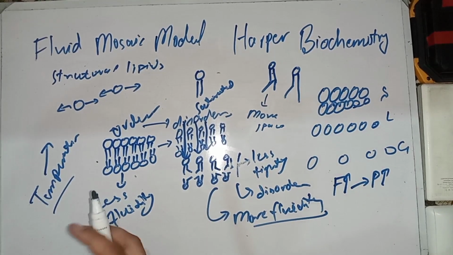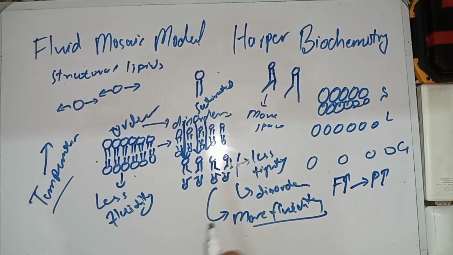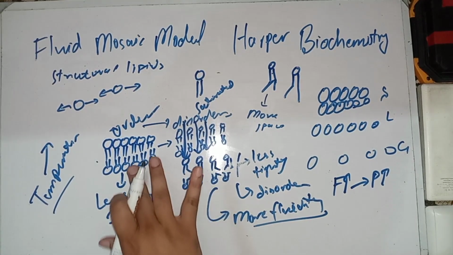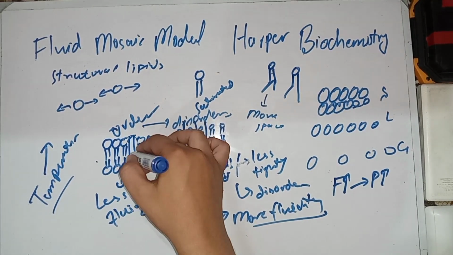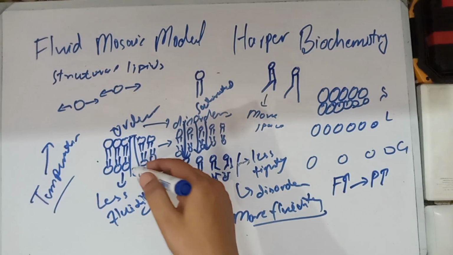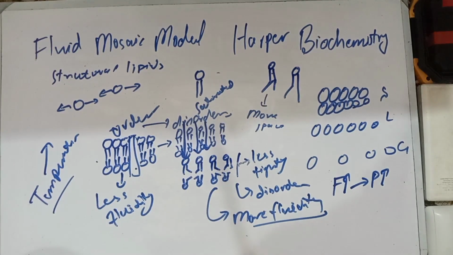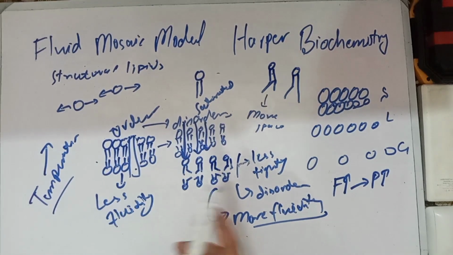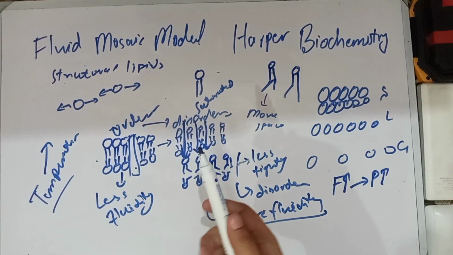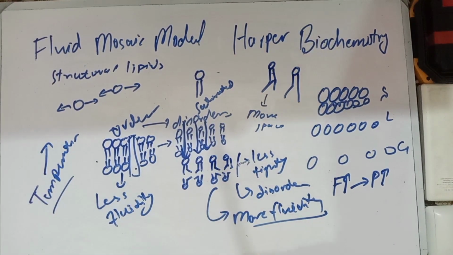However, for substances which move by channels, the effect of membrane fluidity on the channel protein is less, whereas for substances that directly cross the lipid bilayer the effect is much more.